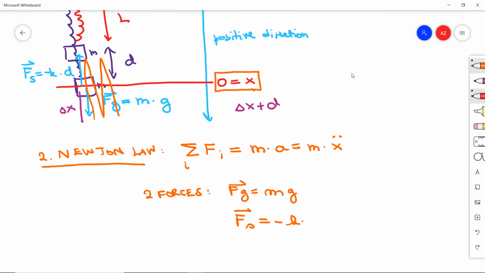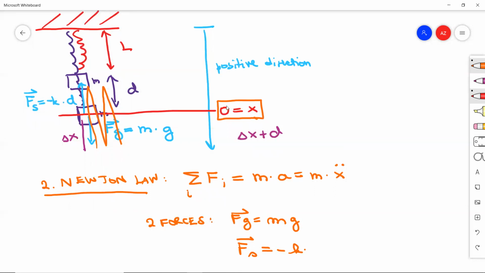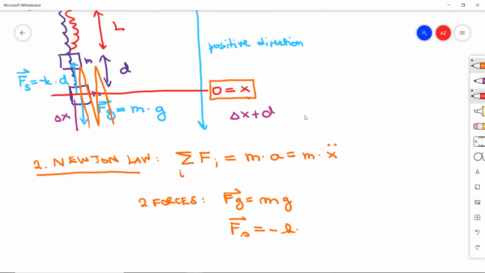Yes, but since we put x to 0 when the spring is already stretched for d, the displacement is only delta x, because our origin is now x equals 0. So it's in fact minus k times delta x. And delta x is just x, the distance of the x value from the origin.